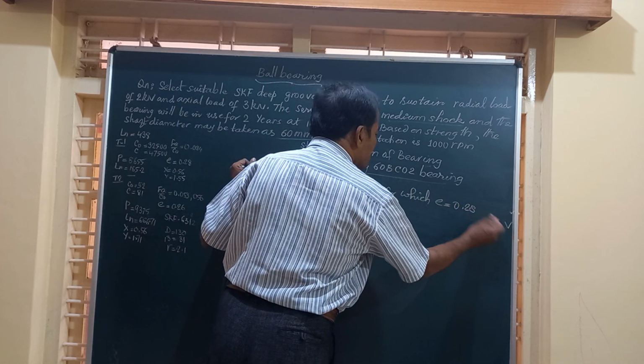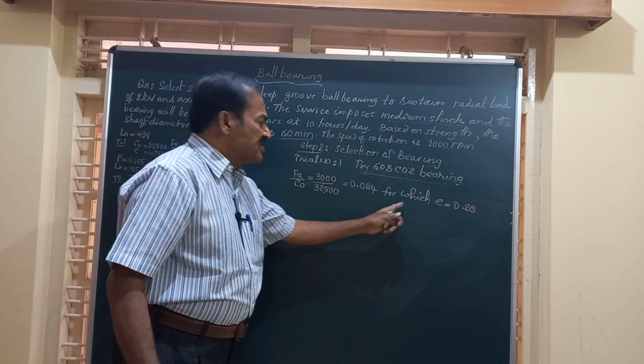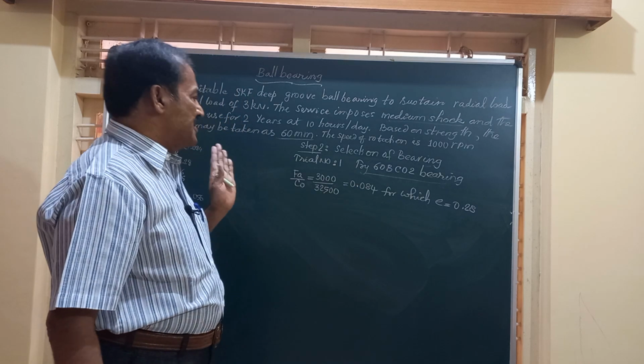This is available from the table. So find out the ratio of FA over C0, and find out the corresponding value of E.